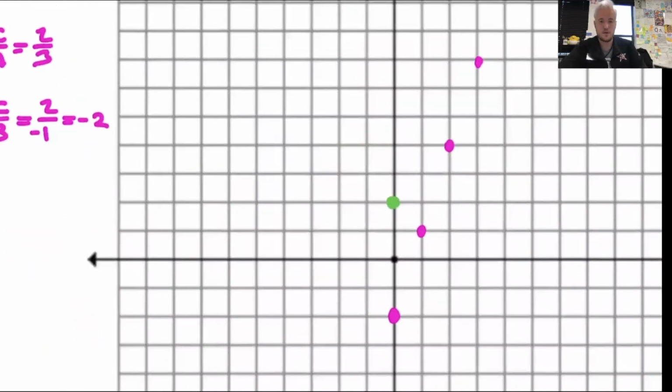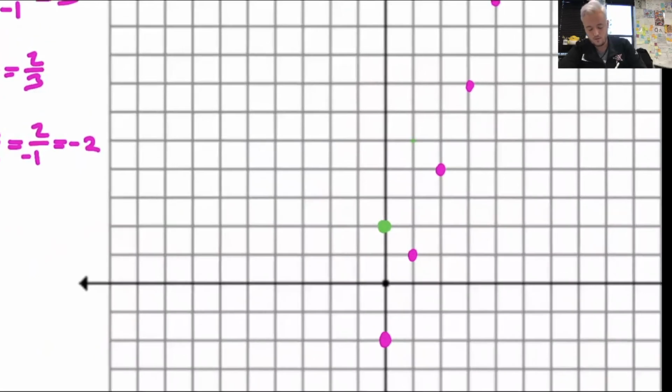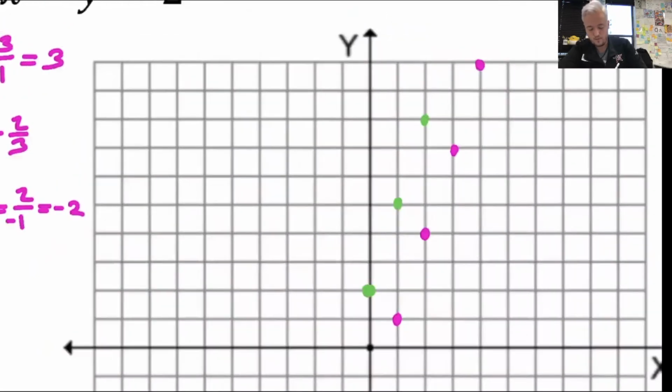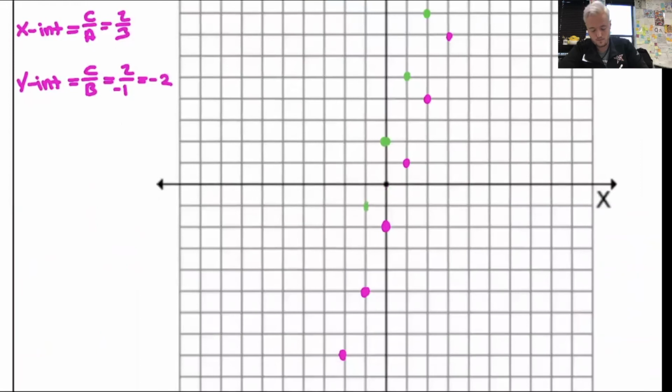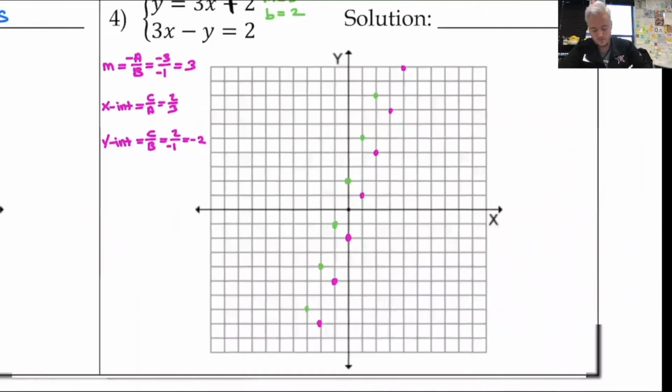All right, so start at +2, then up 3, right 1, up 3, right 1, and then down 3, left 1, down 3, left 1. All right, so this is what it should have been.